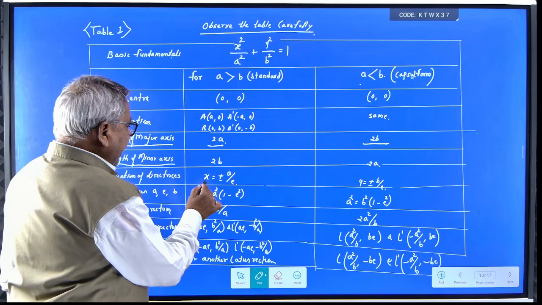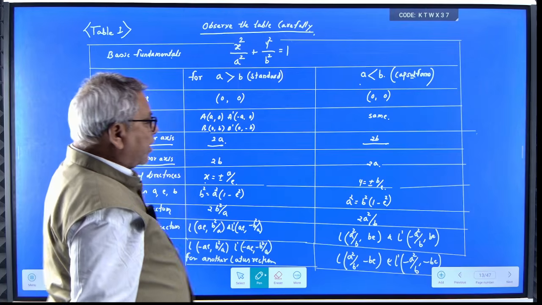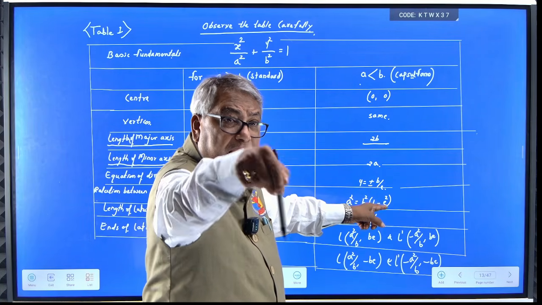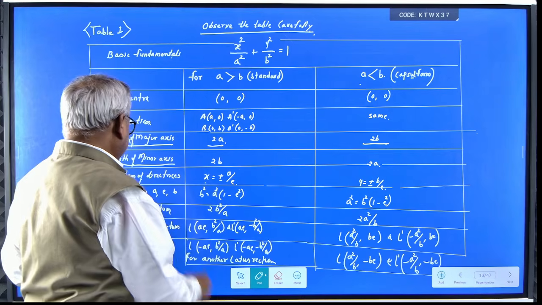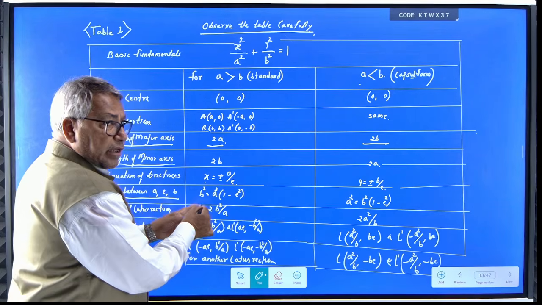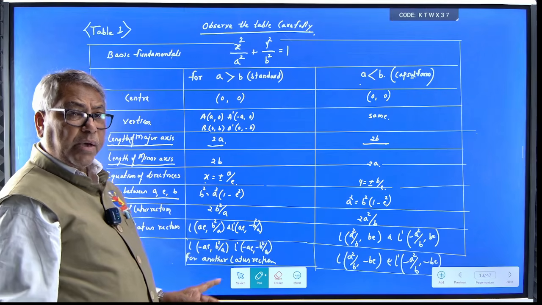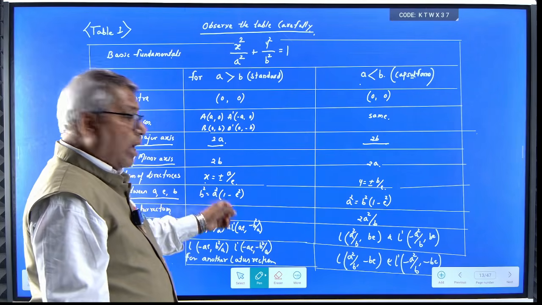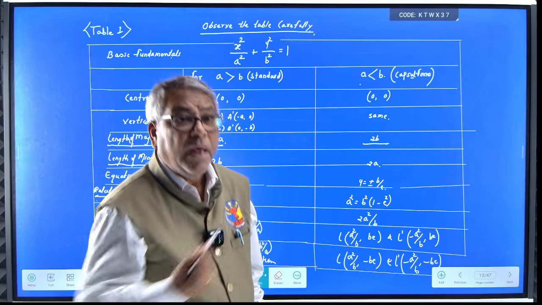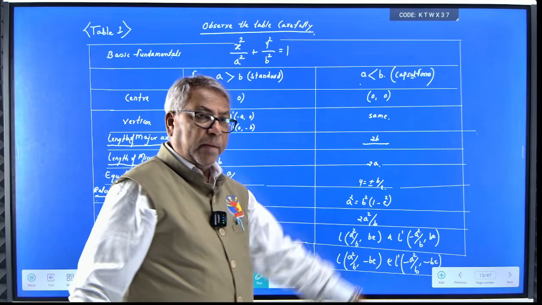Equation of directrix: x equal to plus or minus a upon e. Here y is equal to plus or minus b upon e. Remember this table carefully. The relation between a, e and b: in the standard, b square is equal to a square into bracket 1 minus e square, but here a square is equal to b square into bracket 1 minus e square.